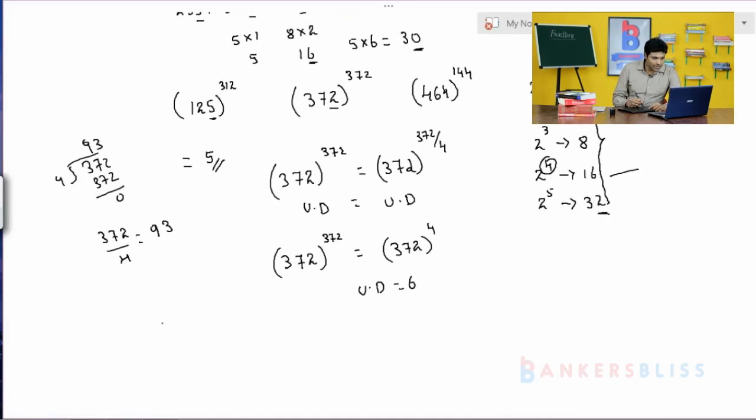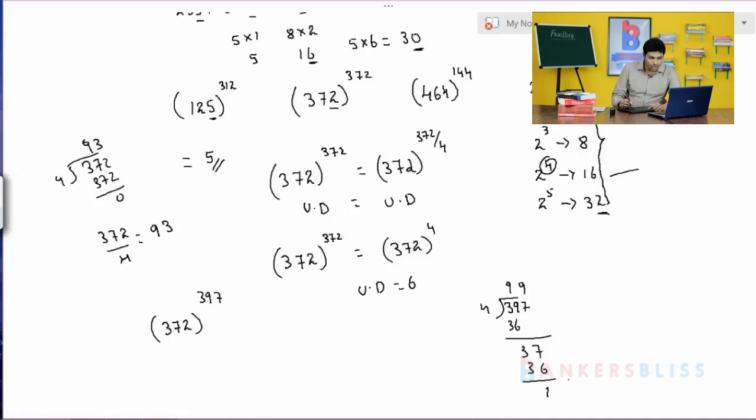See here, 372 to the power 397. So you divide 397, that is the power part, by 4. So 4 9s are 36. You got 3 as remainder, again 7. 4 9s are 36. So what is the remainder? You got 1. So 1 means it is nothing but 2 power 1.